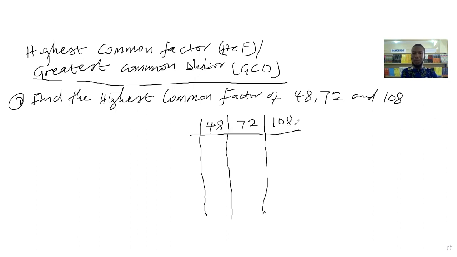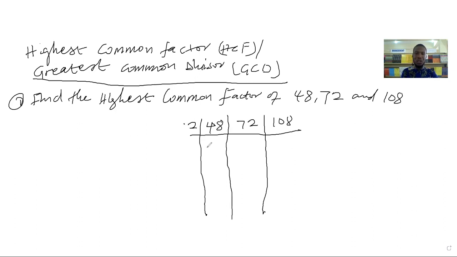When you are finding H.C.F, you just look for factors that can divide all of them at the same time. So when you reach where there is no factor that can divide all of them at the same time, you stop there. So 2 can divide all three numbers. Because of that, we bring our 2.